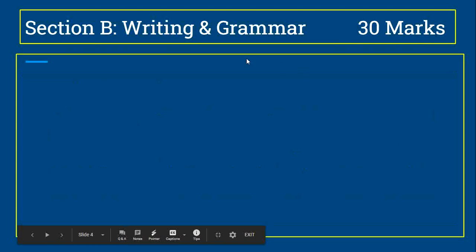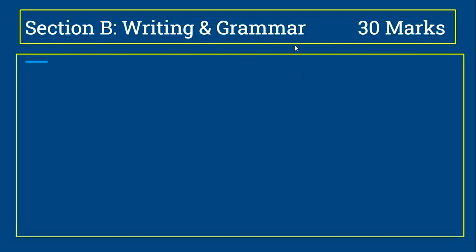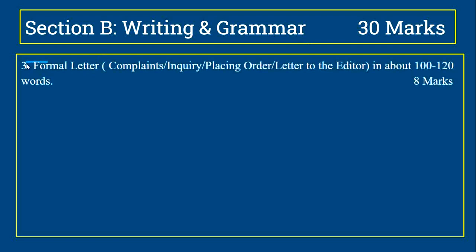Now section B is about writing and grammar, and 30 marks is allotted for it. Writing means composition. The questions begin with question number 3, which is about a formal letter, and this letter may be of complaint, inquiry, placing an order, or a letter to the editor.